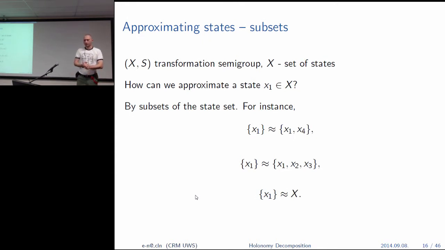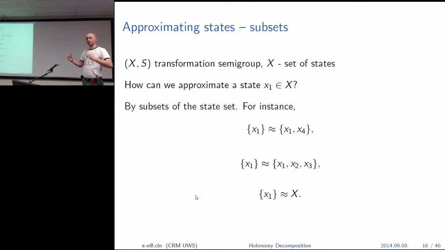So, as I said, we have a transformation semigroup acting on a set of states, which in mathematics is just called a set of points, but in the canonical representation, we just use the integer numbers. But okay, here we are a bit formal, so we are asking: given a state from the state set, how can I approximate it?